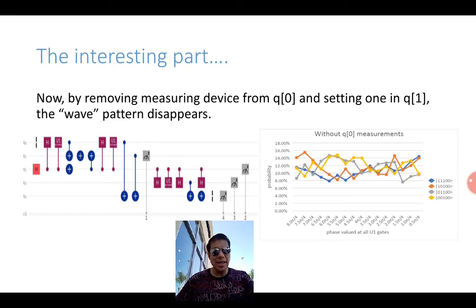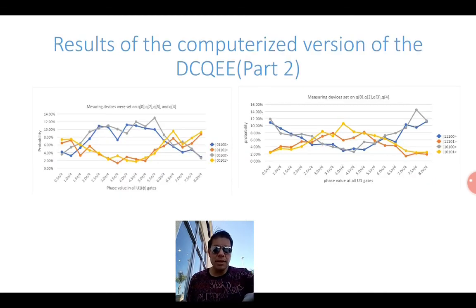So in a way, you can think that this wave pattern here is the result of Q0, right? You can interpret that what is becoming a wave is Q0.